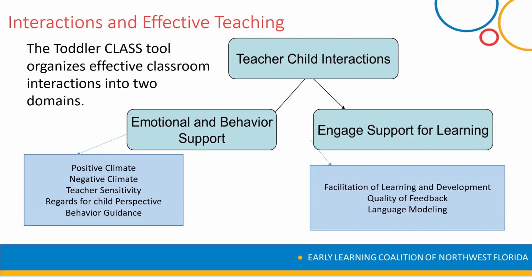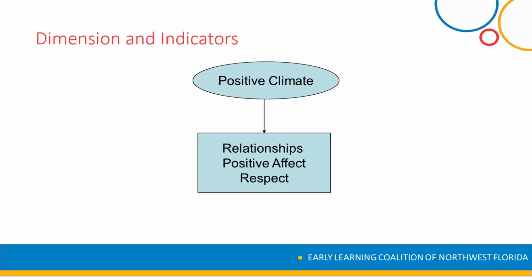Now we're going to dive into our dimensions for toddler. We're going to start with the emotional and behavior support and work through those 5 dimensions. We will start with the positive climate dimension. Positive climate, it's about relationships. It's about positive affect. It's about respect.